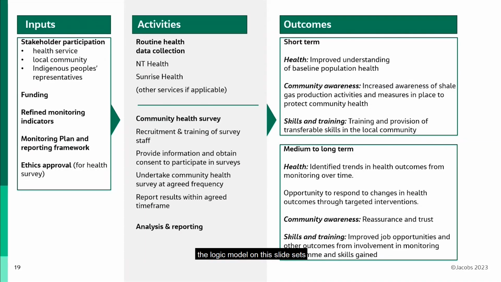The logic model on this slide sets out the overall approach. It will be really important to get Indigenous representation so that the plan reflects the interests of local communities. There will be a need for ethics approval for the health survey.